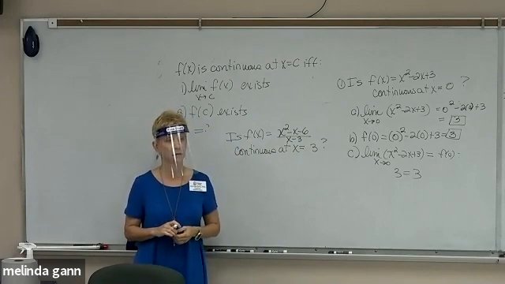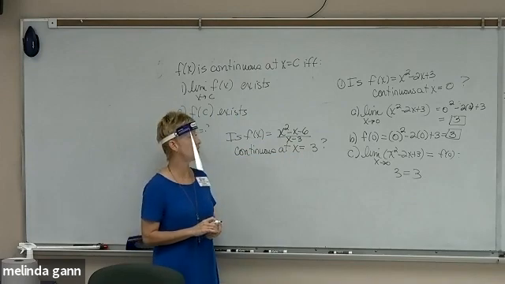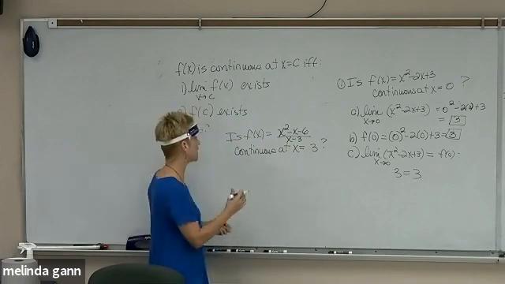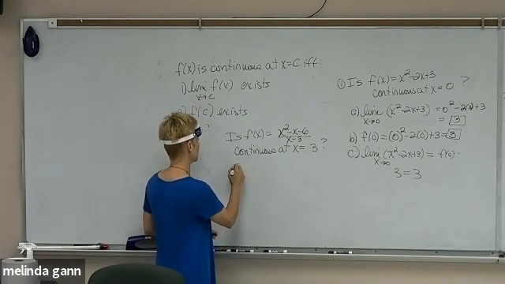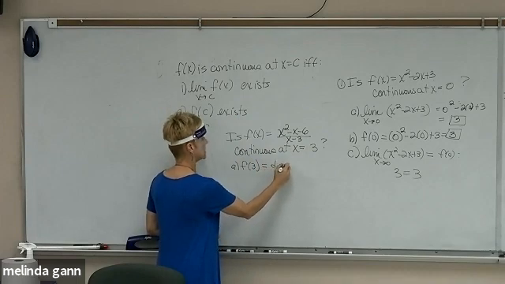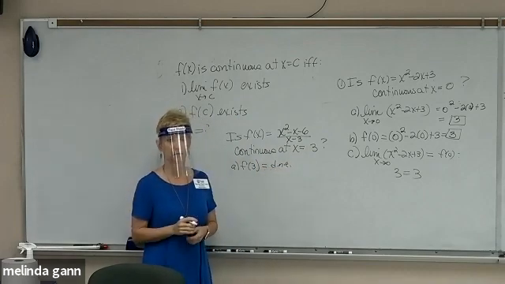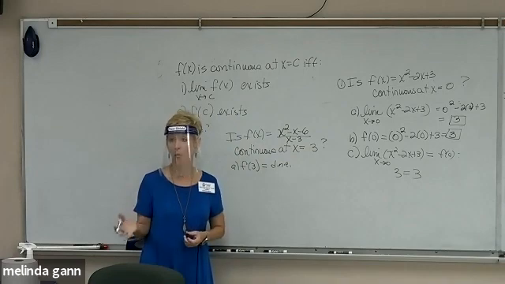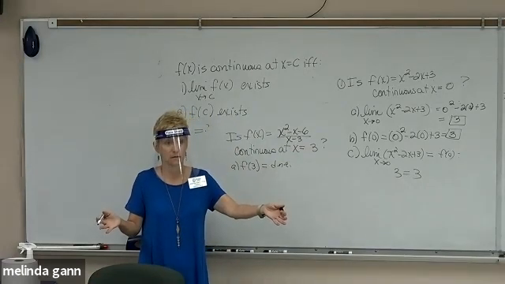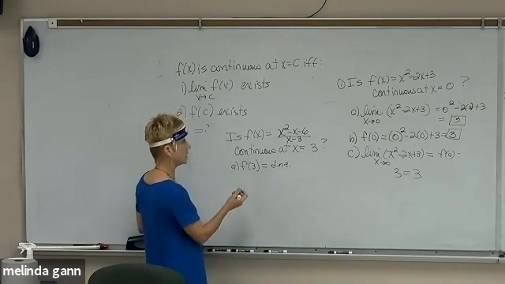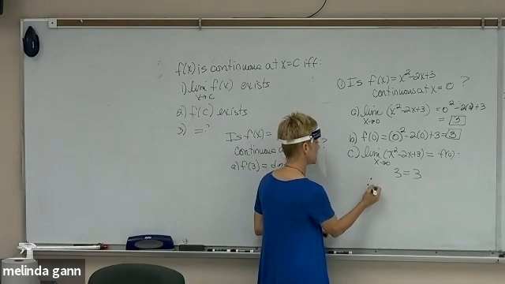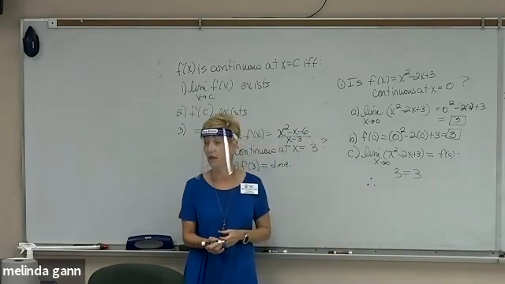Why not? Now, I'm not even going to check the limit. We'll check the limit in a second. It doesn't matter about the limit because I immediately notice what? I notice that f at 3 doesn't exist. Game over. I can go check the limit, but that's kind of a waste of my time. It doesn't matter if the limit exists or not. By the way, if you see 3 dots in a triangle in math, that means therefore.